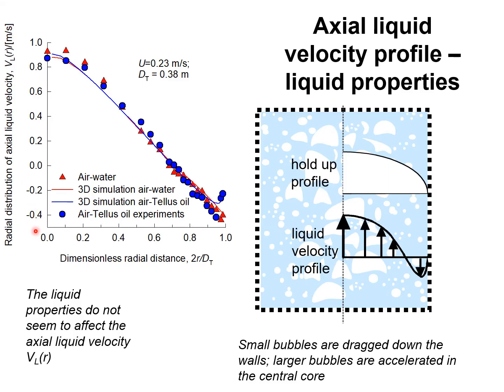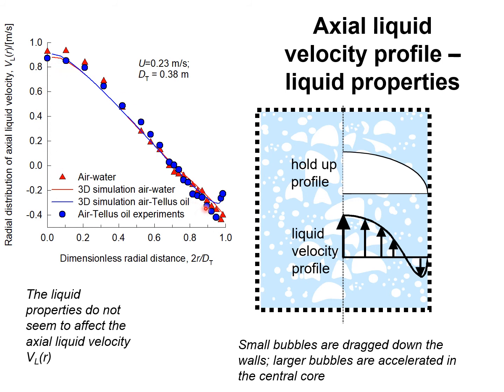This graph presents the experimental data for the radial distribution of the liquid velocity along the axis of the air-water bubble column. These are shown by the red triangles. The blue circles are the corresponding experiments for a bubble column with Tellus oil as the liquid phase.